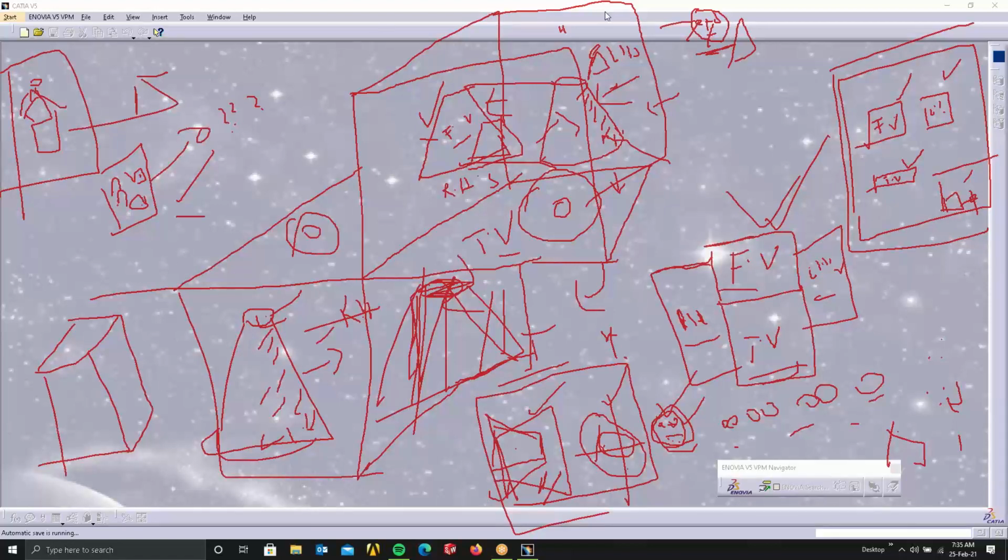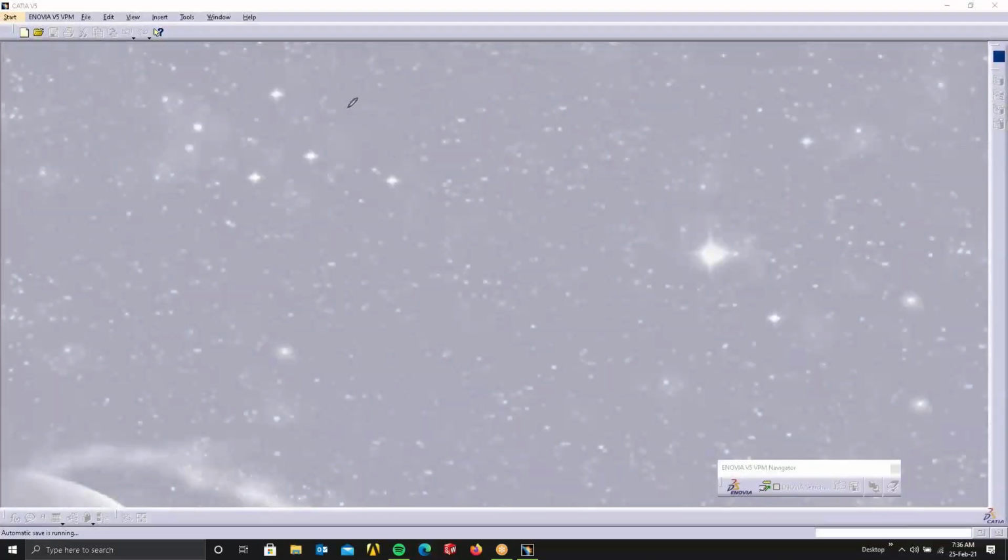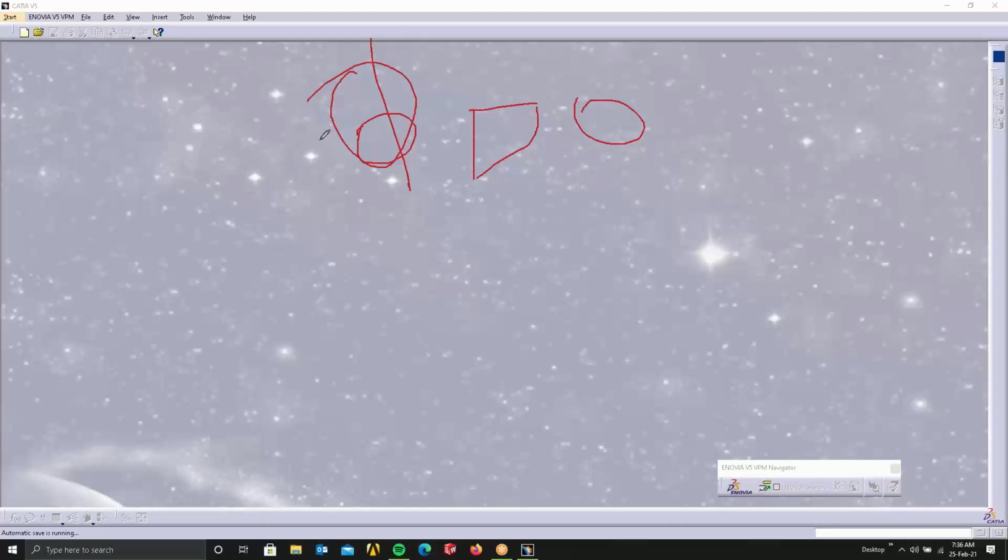So in third angle projection, let's just erase everything. In third angle projection, we have the symbol as observer. In between the observer, we have the datum plane, and here we have the object.